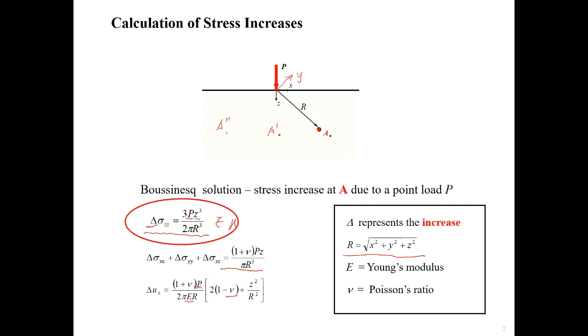If the location is confirmed, then you know the Z coordinate, and you also will know the radius R. So that's how you are able to calculate the vertical displacement.